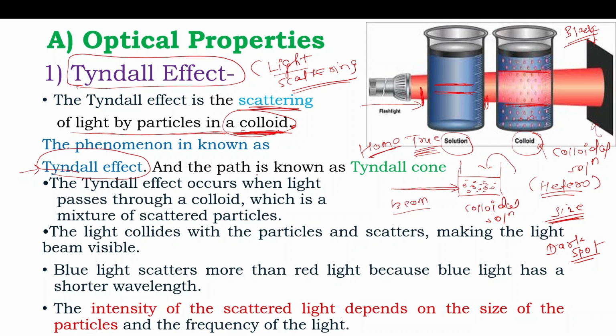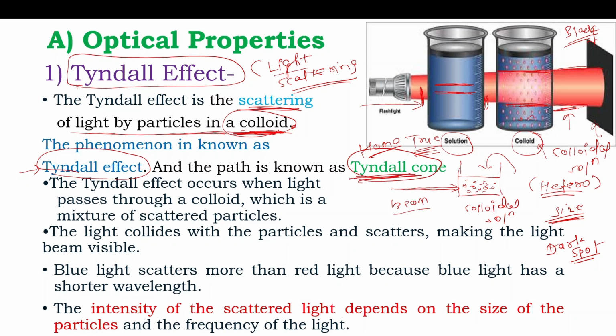And the path is known as Tyndall cone. ये जो path form किया है by the colloidal particle, इसे हम Tyndall cone कह सकते हैं. यही चीजें आपको इसमें याद रखनी है: first of all, scattering of light and Tyndall cone. It is the path formed by these colloidal particles when we pass the light through that colloidal solution.